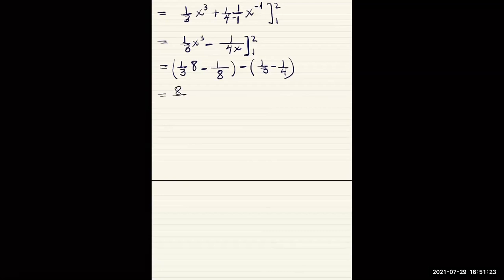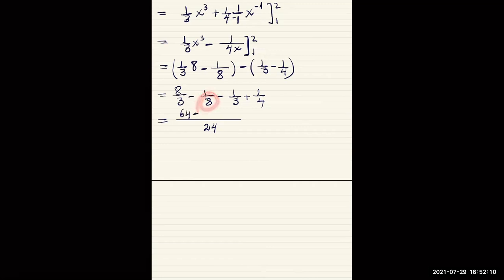So we have 8/3 minus 1/8 minus 1/3 plus 1/4. Just get a common denominator and add these. What's the common denominator for 3, 8, 4? 24. So the LCD is 24 because 24 divides all of these. To make this a 24, you need to multiply by 8, so you get 64.